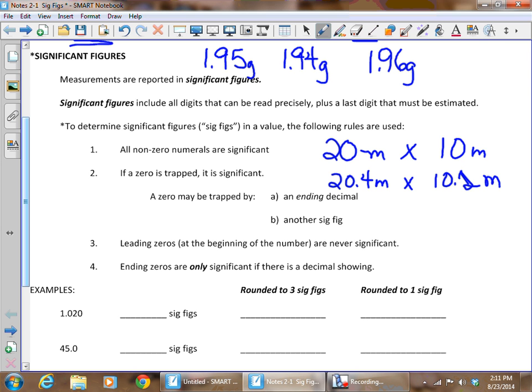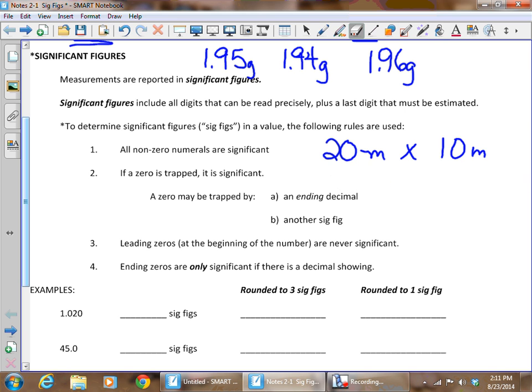No, because those values are so inexact that we have a wide range of measurements that those could be rounded to. So we could take 20.4 meters and round it to 20. We could take 10.2 meters and round it to 10. But when we get that piece of carpet, it's not going to be the right size.